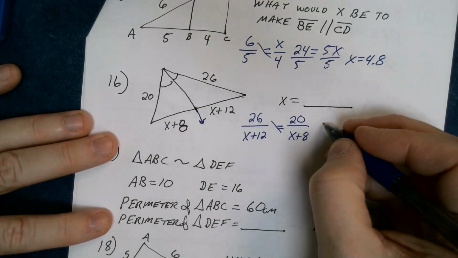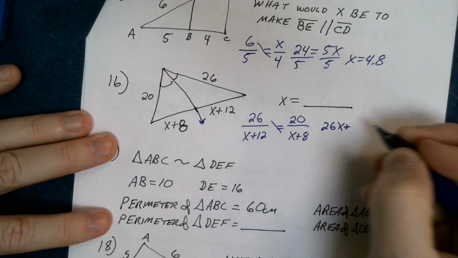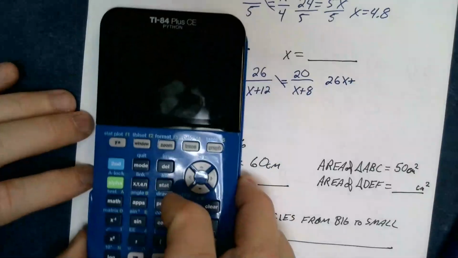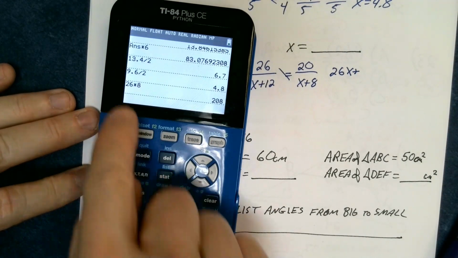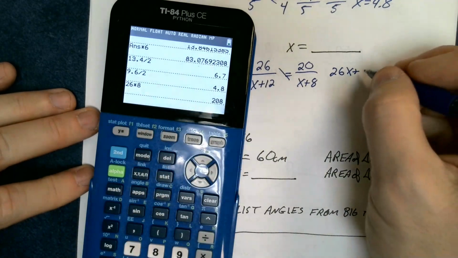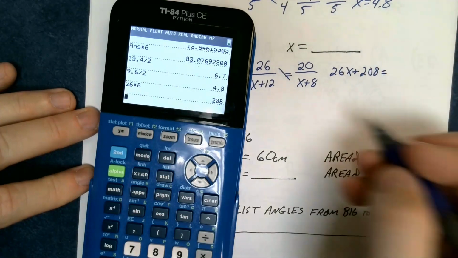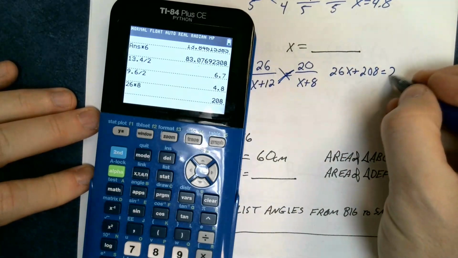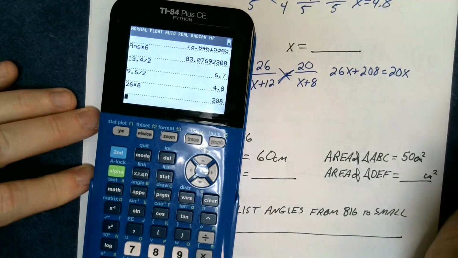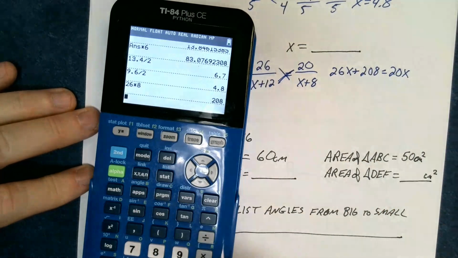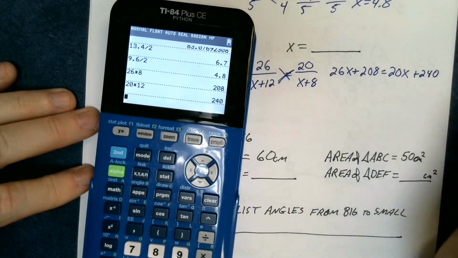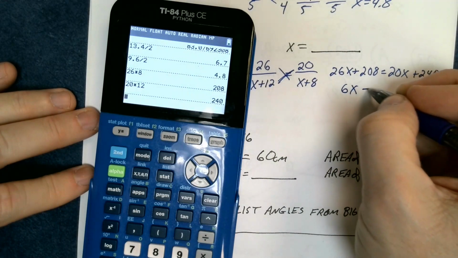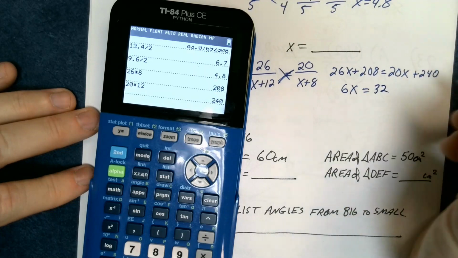Cross multiply here, and I get 26X plus, now, I've got to use my calculator because the numbers are getting kind of big, and I don't want to mess it up. So 26 times 8 is 208. Equals, and then I cross multiply here, and I get 20X, and then 20 times 12 is 240, but I'll show you that on the calculator too. 20 times 12 is 240, plus 240. 6X equals 32.